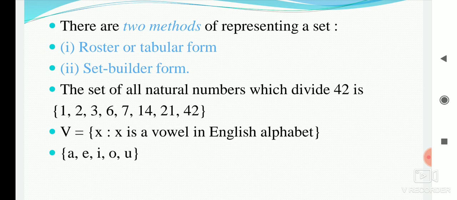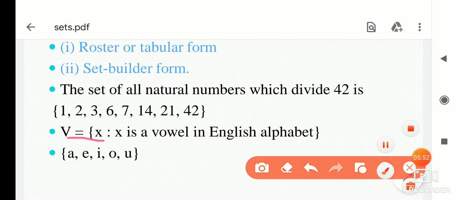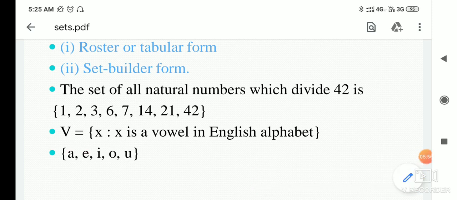Second example here we have is set V. You can see here, set V is nothing but x such that x is a vowel in the English alphabet. This is one form of representing a set. We will see it in detail. Next example is A, E, I, O, U.